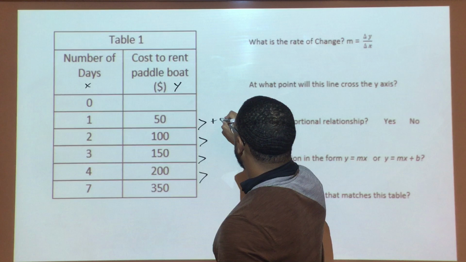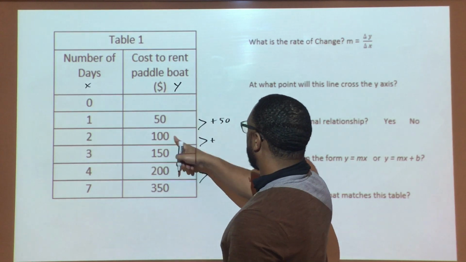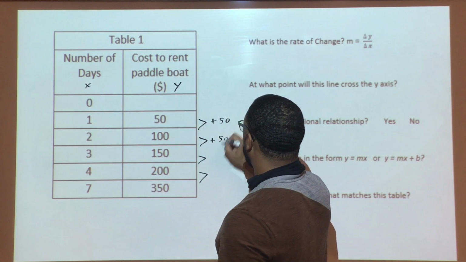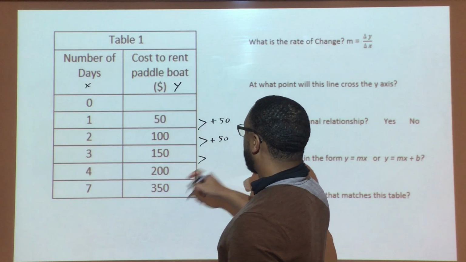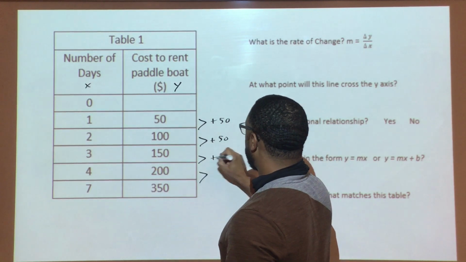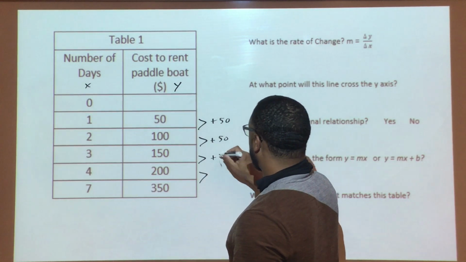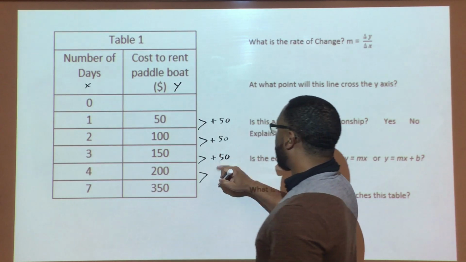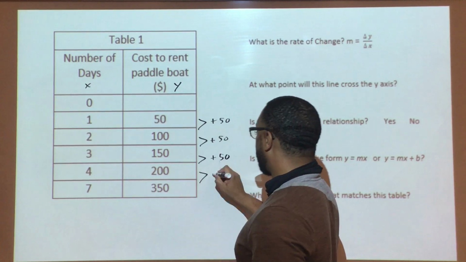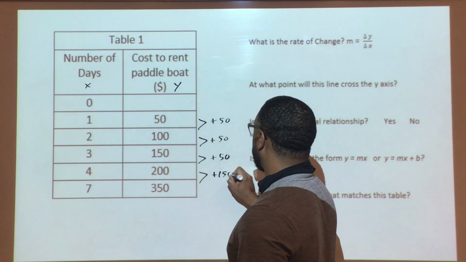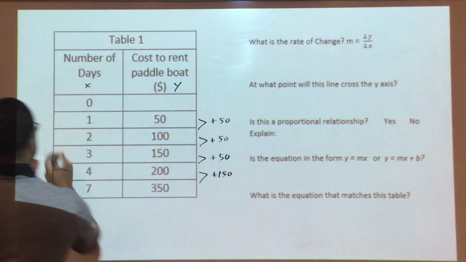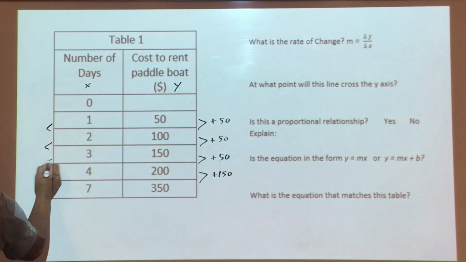From 50 to 100, that's plus 50. From 100 to 150, plus 50. From 150 to 200, that is plus 50. And then from 200 to 350, well, that's plus 150. And now let's do the same thing over here.